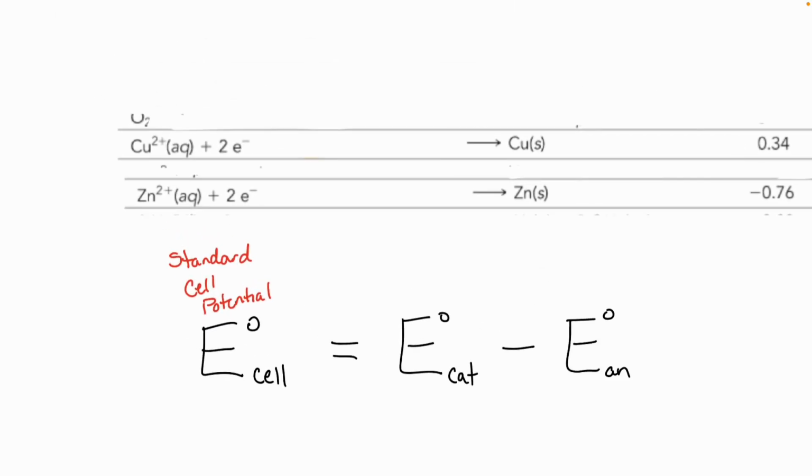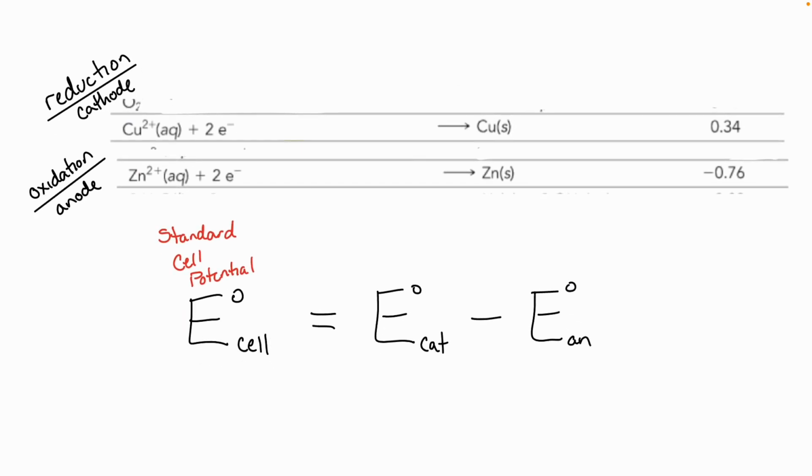Copper, this was our reduction reaction, meaning it takes place at the cathode. The zinc was the oxidation reaction, so that occurs at the anode. So we're going to take the value from our cathode, the 0.34, and we're going to subtract the value at the anode, that negative 0.76.